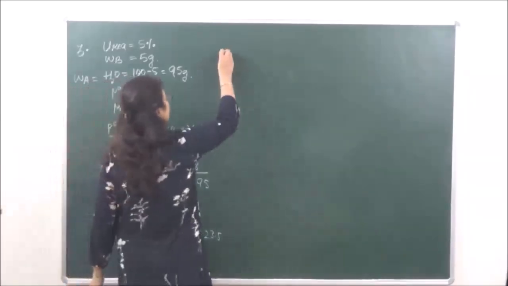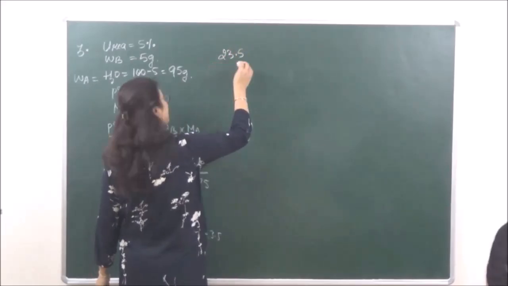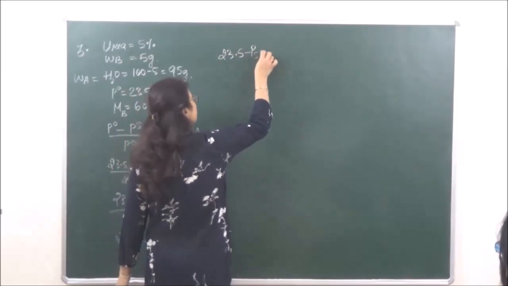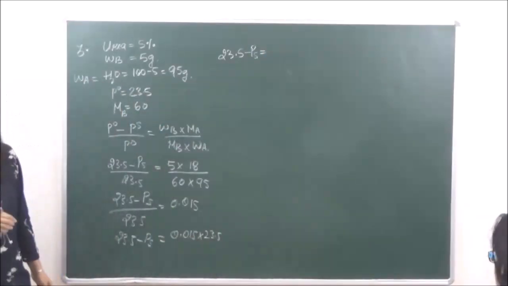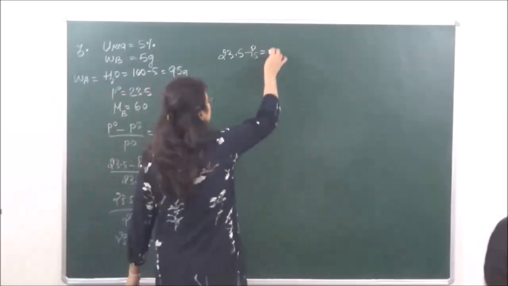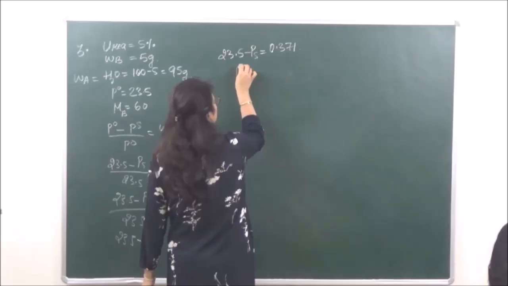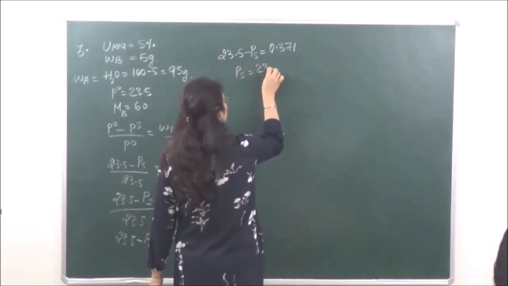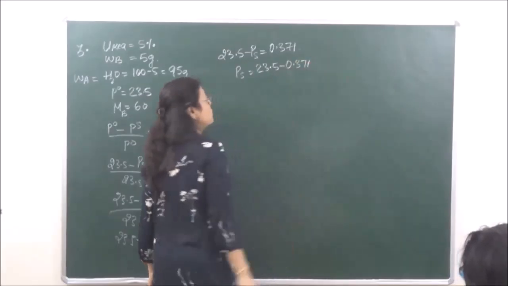So we have 23.5 minus PS equal to 0.371. So PS over here will become equal to 23.5 minus 0.371.